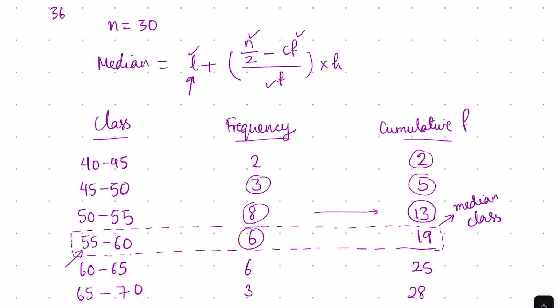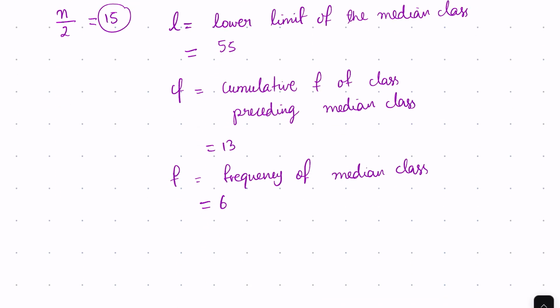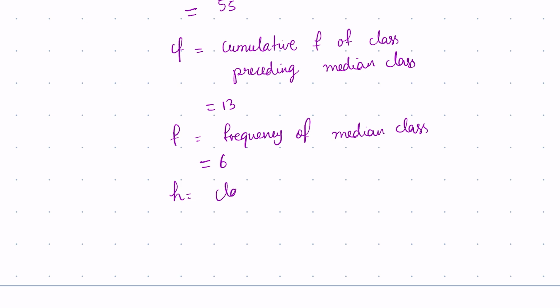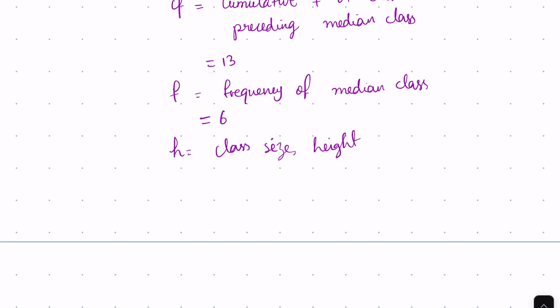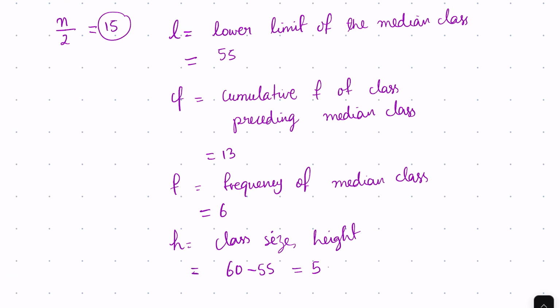We're left with one variable, which is H. H is the class size or height. It just means the width of this class, which we can find out since all the classes are balanced. That's nothing but 60 minus 55, which is just 5. So now median is equal to L plus n by 2 minus CF divided by F times H. I just plug in all the numbers.